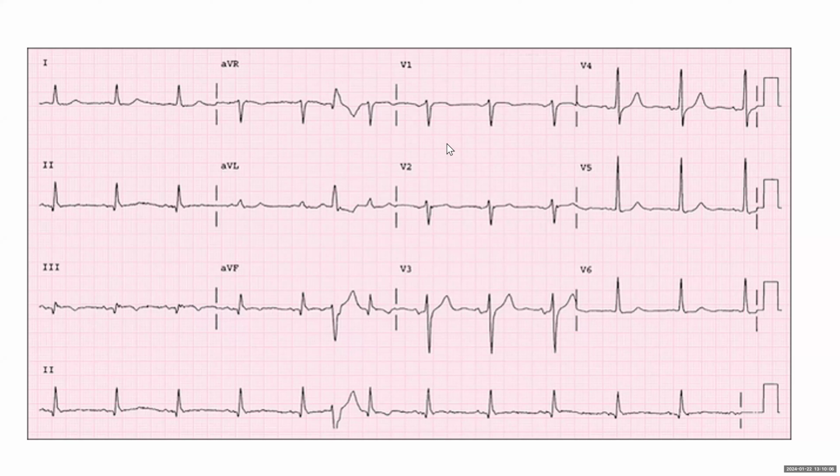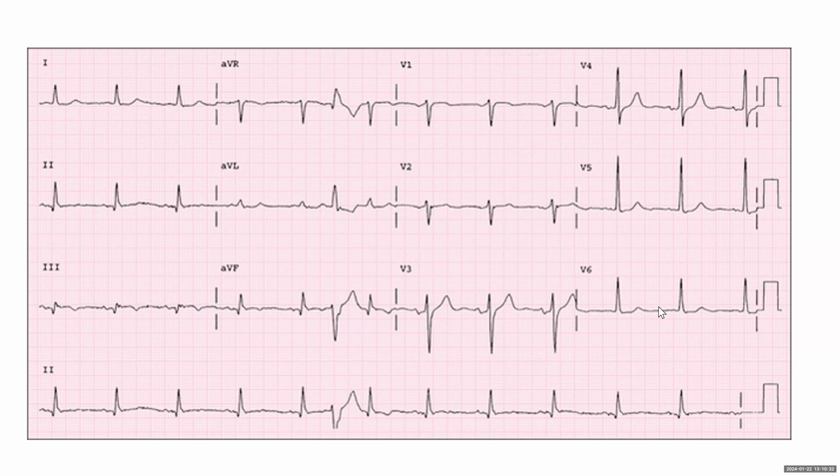Yeah, exactly. When the PVC does not interrupt the RR interval, meaning, so here, this RR interval preceding the PVC continues the same, as if there's no PVC. Because usually the PVC will interrupt the RR interval. When it doesn't, we call it interpolated.